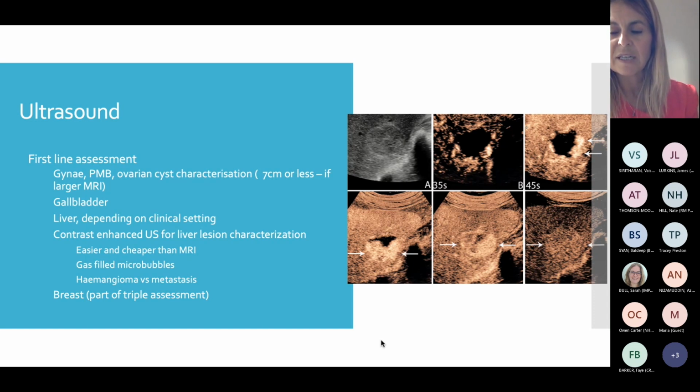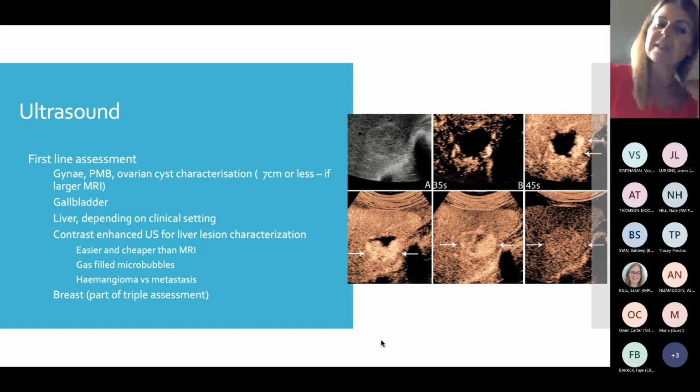It allows you to see the enhancement pattern of that lesion in the same way that you would on a scanner, but in a very dynamic real-time way, because you're literally watching as the lesion opacifies or does not opacify. One of the most common uses for this is whether a lesion is a hemangioma or a metastasis, and it's very good at determining that.